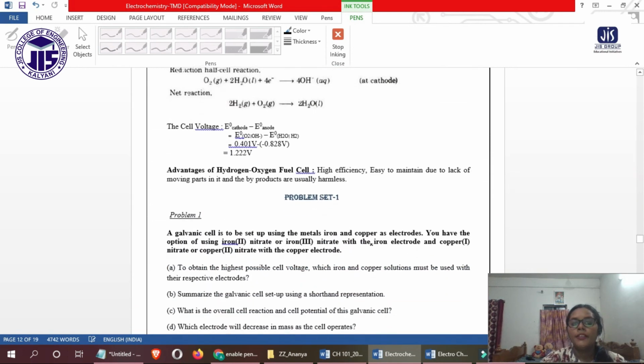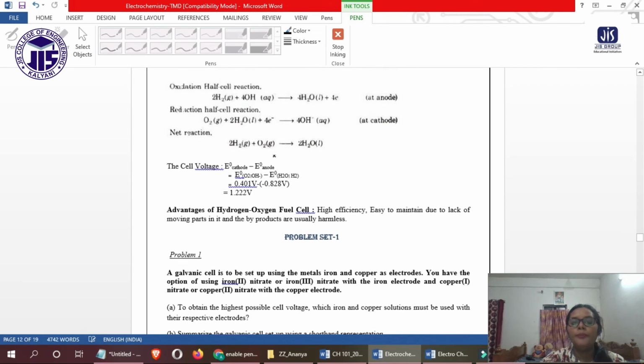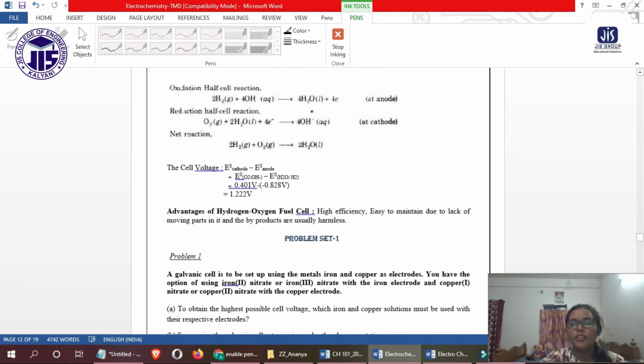So this is the total overall reaction that we have for the hydrogen oxygen cell. And these are some of the advantages of the hydrogen oxygen fuel cell. What are the advantages? This battery has high efficiency, it is easy to maintain due to the lack of moving parts in it, and the by-products are usually harmless.